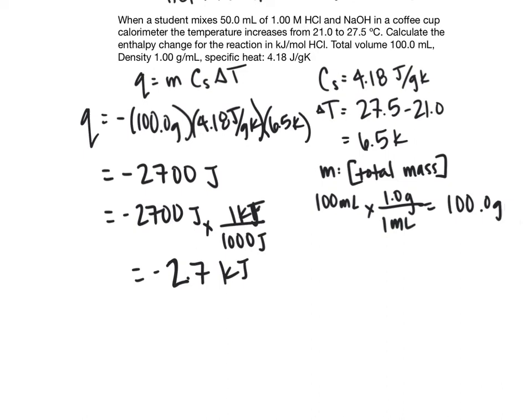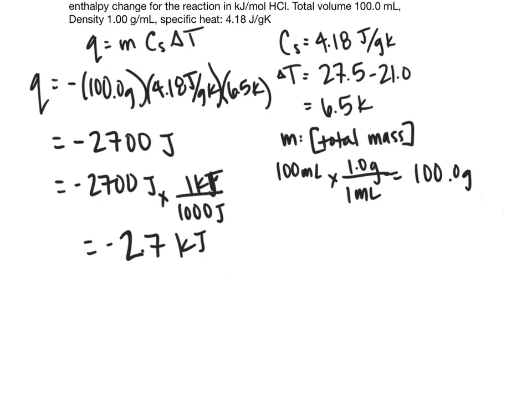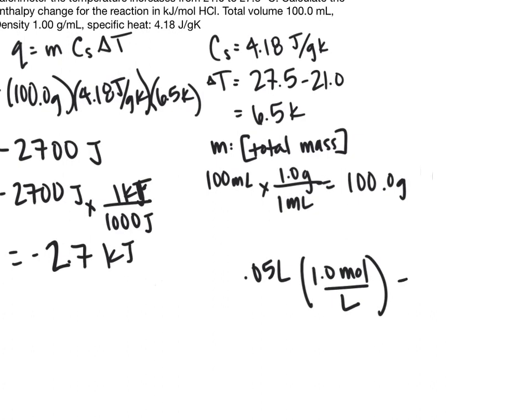Instead of calculating the number of moles from grams, we have 50 mL of 1.0 molar HCl. So we have 0.05 liters of 1.0 moles per liter. This is just the molarity units being split out. At the end of the day, we're going to have 0.050 moles of HCl.